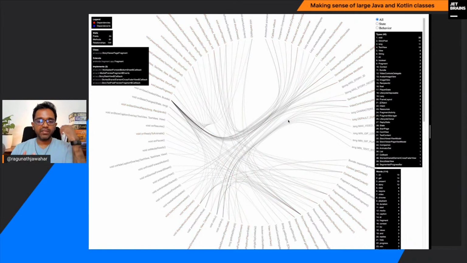The other thing is, when people look at this graph, people ask me, is there an ideal graph? How does the ideal graph look like? This is a dense graph. If you look at classes that have very few responsibilities, or very few fields and members, they are less dense, right? I've been looking at this for a while, and one of the qualities that I've observed with classes that do not have too many responsibilities is not the presence of something.